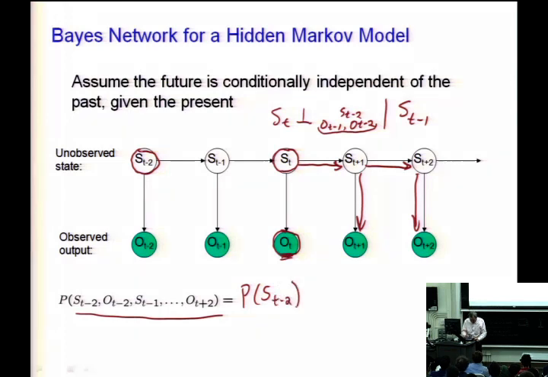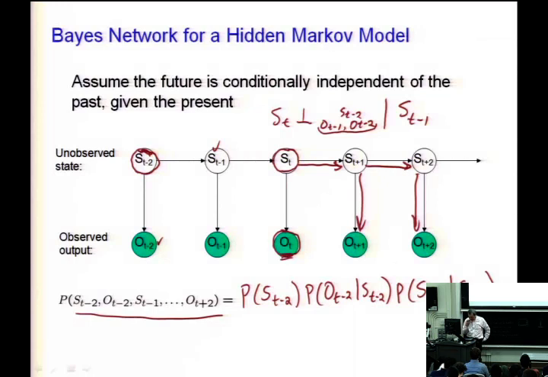It's the probability of this superparent times, let's take this guy next because he just has one parent, times, well, let's take this guy, given S t minus 2, times et cetera.